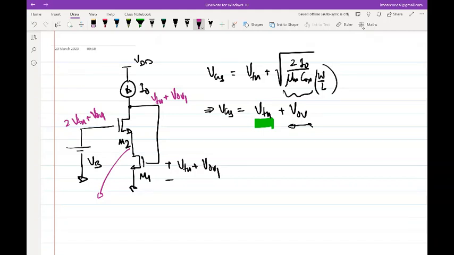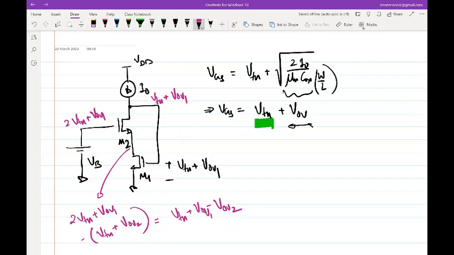VB is 2 VTH plus V overdrive 1, and VGS is the VGS of M2, that is threshold voltage plus V overdrive 2. So this is threshold voltage plus V overdrive 1 minus V overdrive 2. Okay, so now you have all the relevant node voltages in terms of threshold voltages and overdrives.